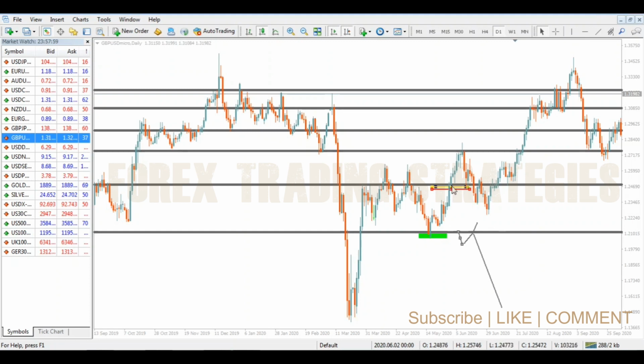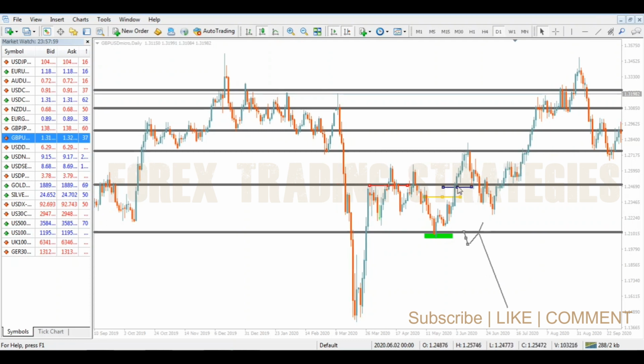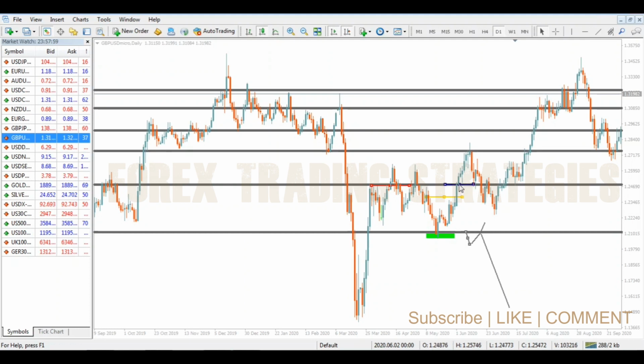If it doesn't do that, like in this instance, and it continues, like it did this way, then my stop loss is there, close to the initial take profit that I had.